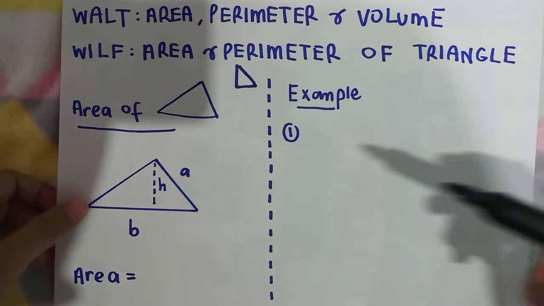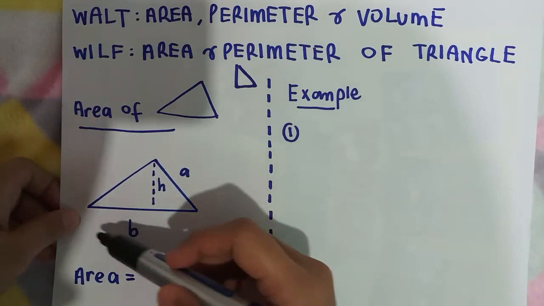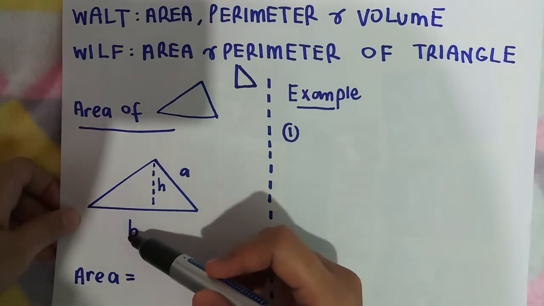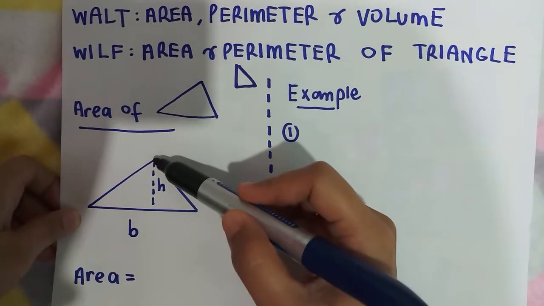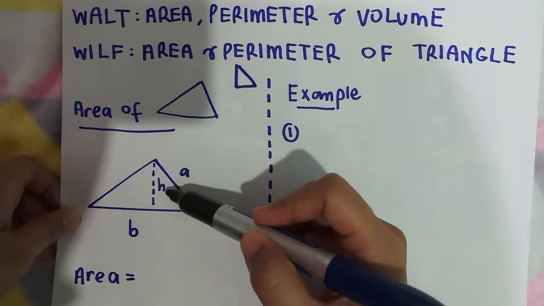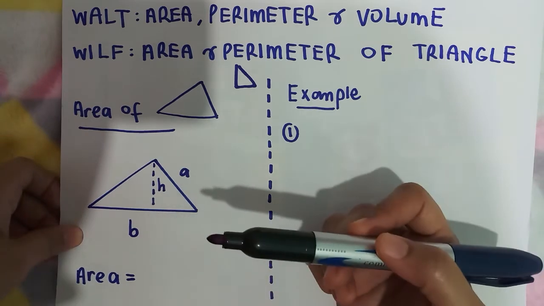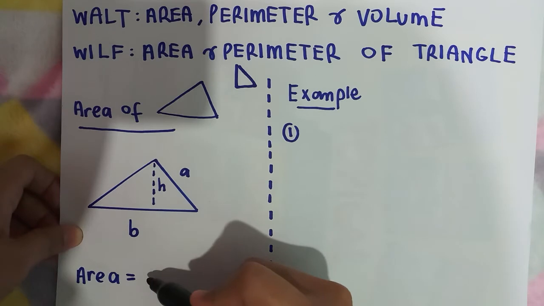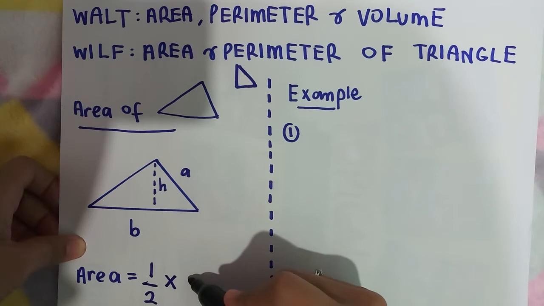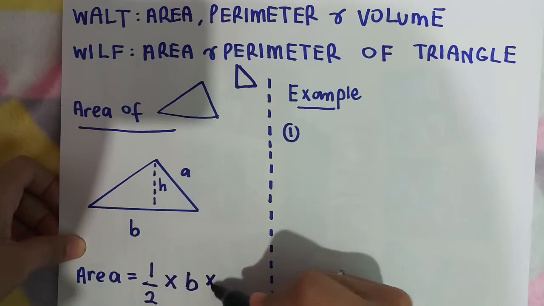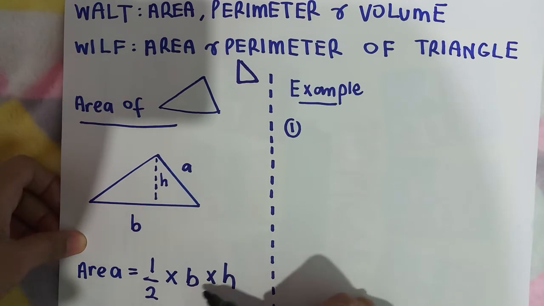In finding the area of a triangle, usually you will be given the length of the base. B here is the base, and you will be given the height, H. The formula for the area of a triangle is 1 over 2 times B times H: 1 over 2 times the base times the height.